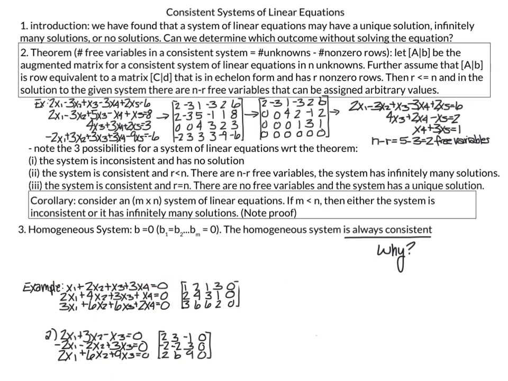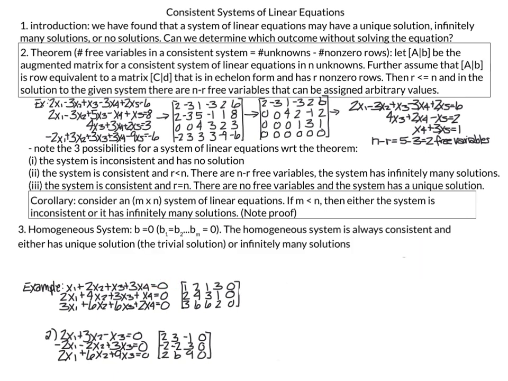So we can always solve a homogeneous system by setting x1, x2, x3, and x4 equal to 0. All the variables equaling 0 is called the trivial solution.